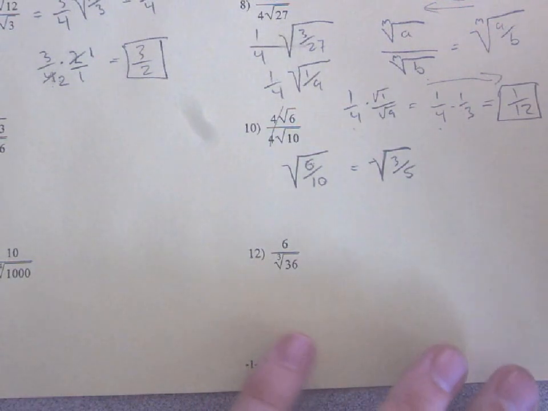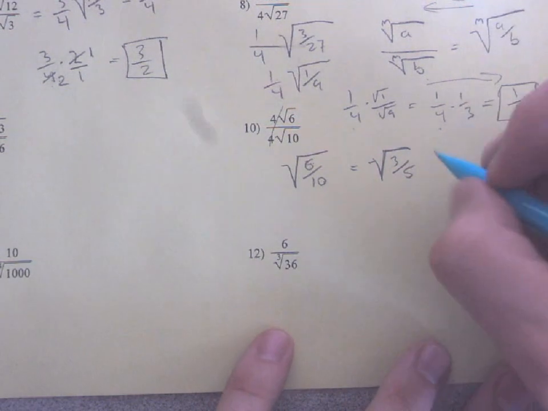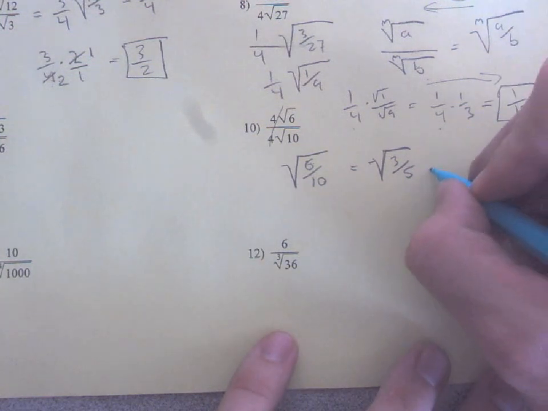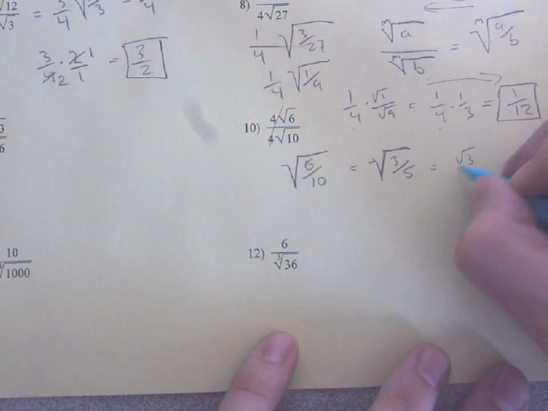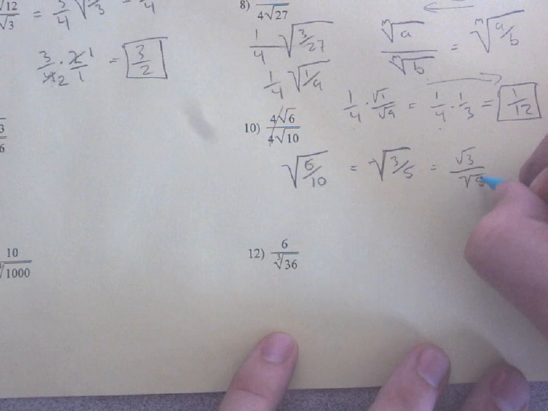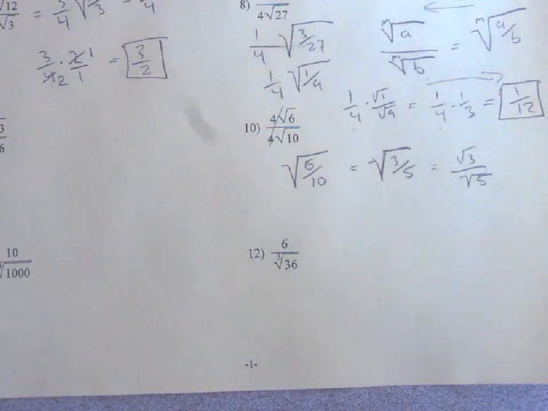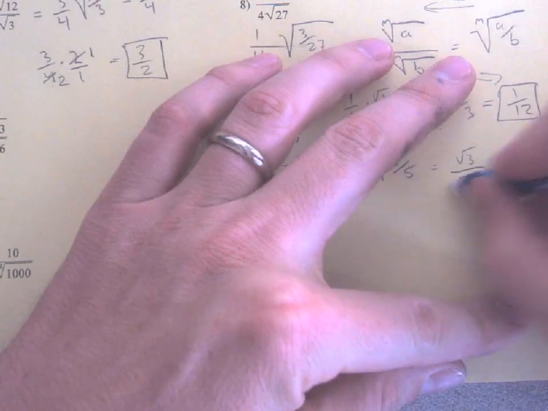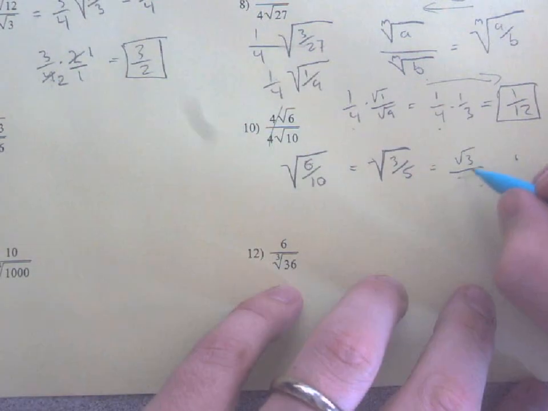And I can rewrite that as 2 roots if we wanted to. Okay, now this is where it gets a little bit tricky because it's not conventional to leave an irrational number in the denominator. So we can simplify this and we get root 3 over root 5.